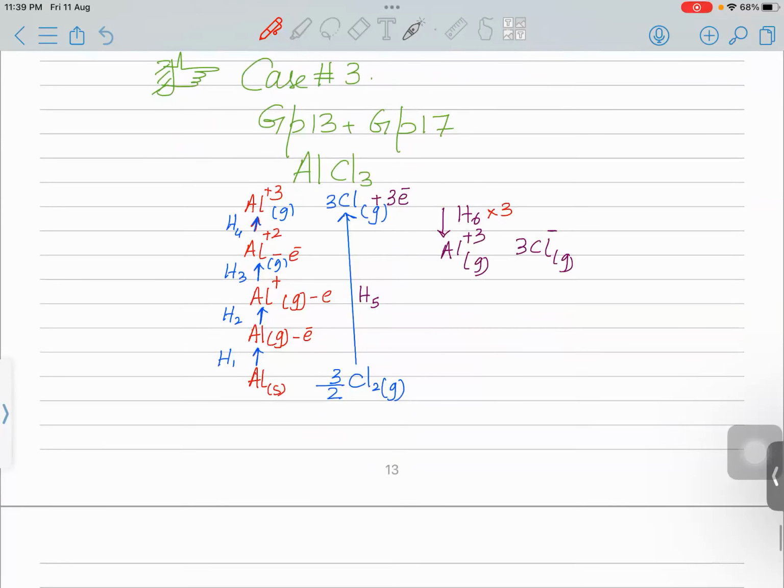Now you can easily make the ionic bond between aluminium and chlorine. This is AlCl3 solid. This is H7. Then we show the enthalpy change of formation.